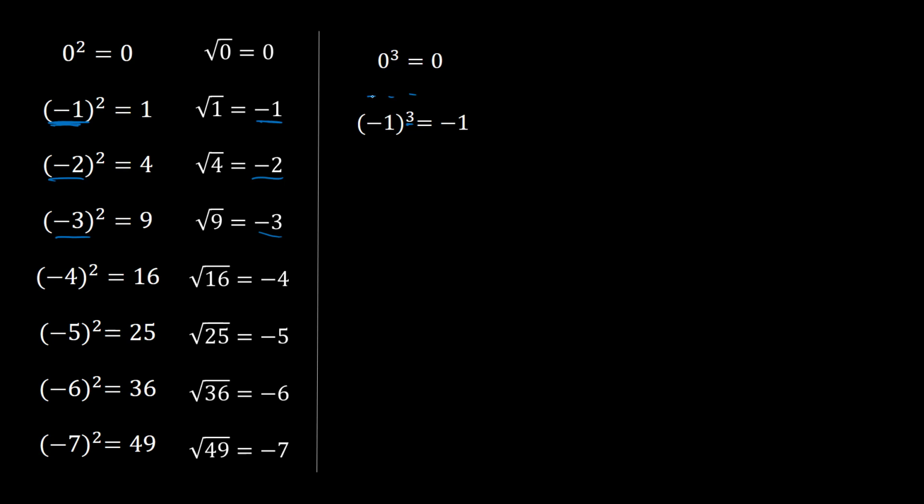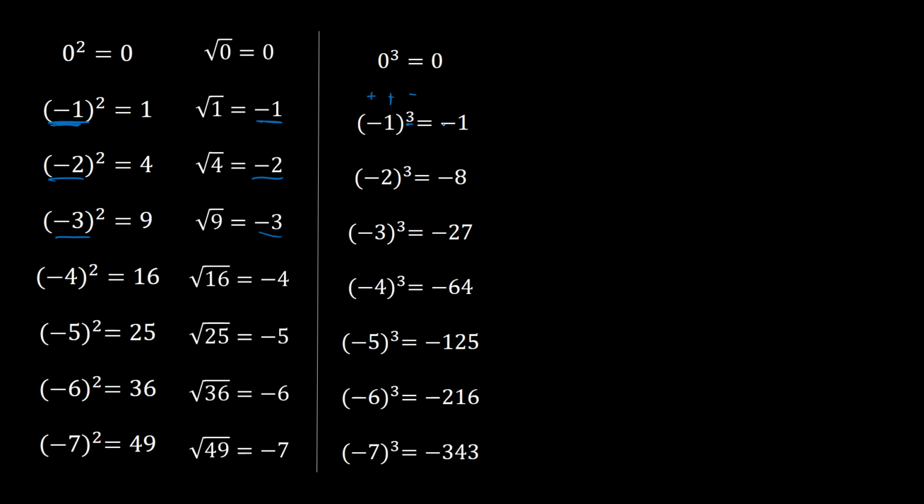The two negatives at the beginning make a positive, but then positive times a negative will always make your final answer a negative number. So negative 2 to the third power would be negative 2 times negative 2 times negative 2, which becomes a negative 8. Negative 3 cubed would be negative 27, and etc. So if you see the exponent is an odd number, this is going to be a negative answer.